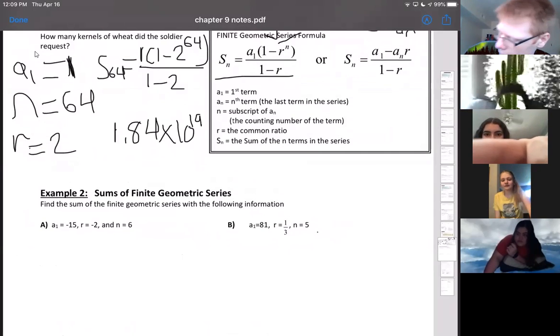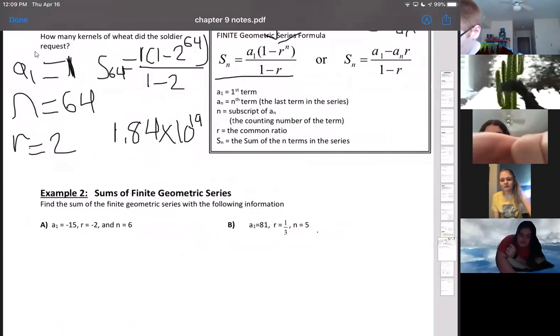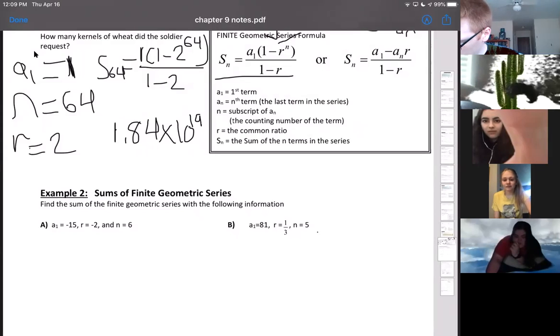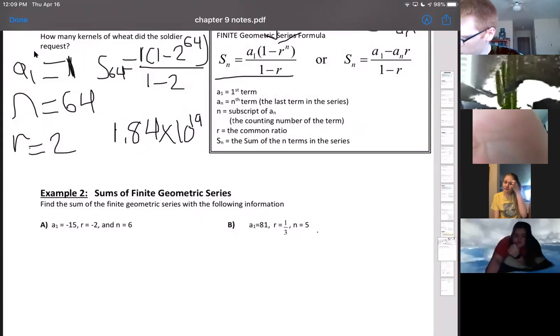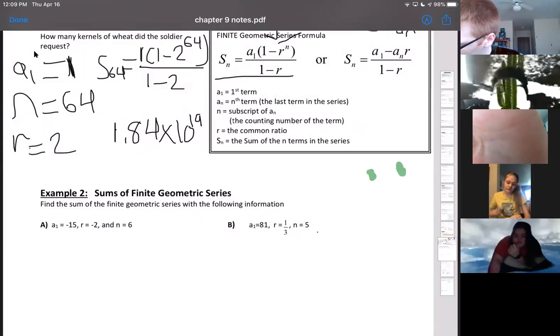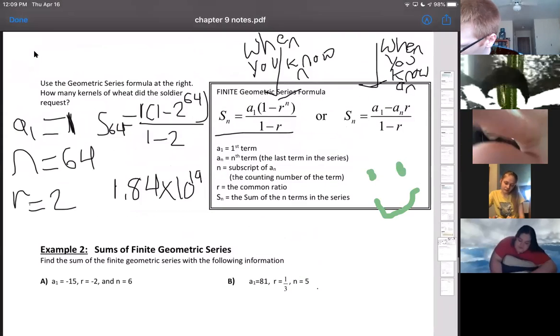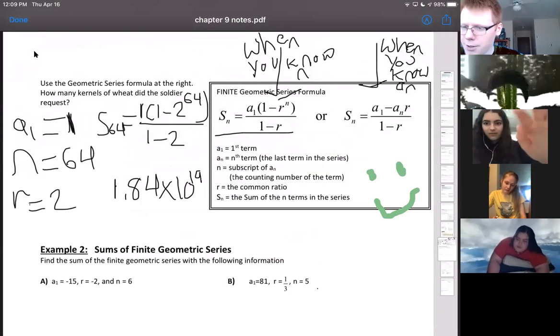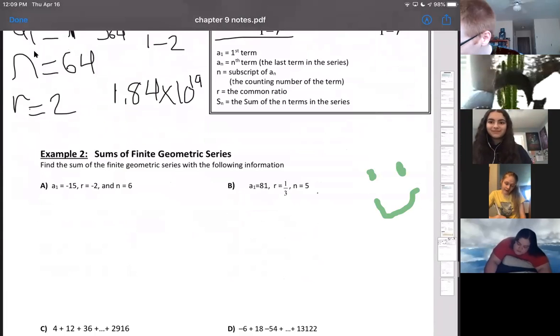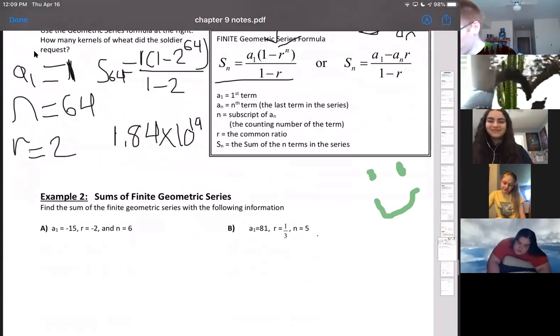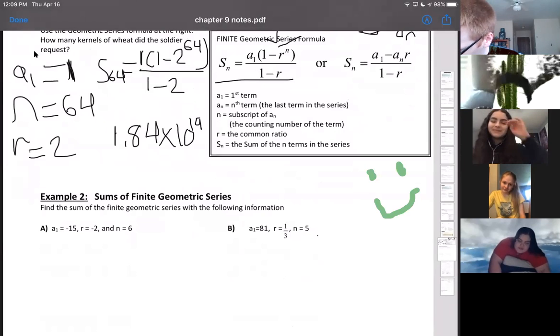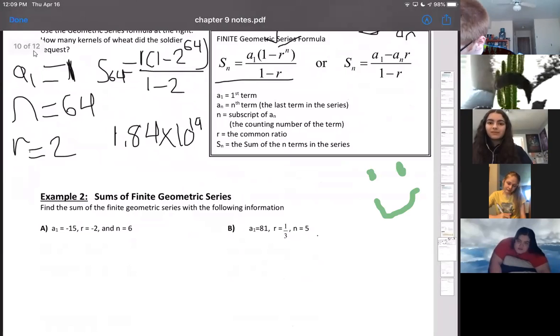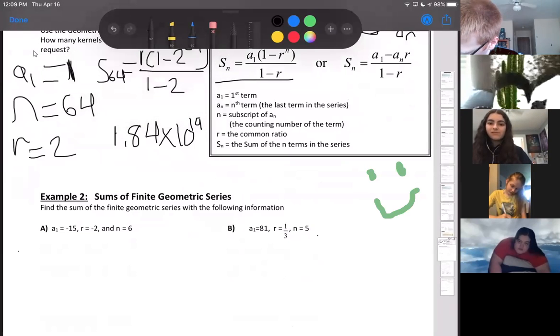Looking at example A, notice they give us A1, R, and N. So we want to use this first formula, because that's the formula you use when you know your N. We're just going to plug in what we know. So S of 6, because we have 6 numbers we're adding together.